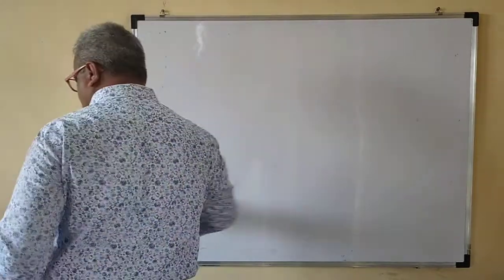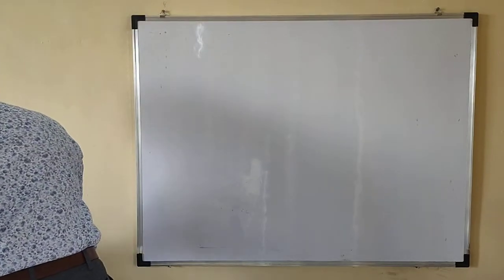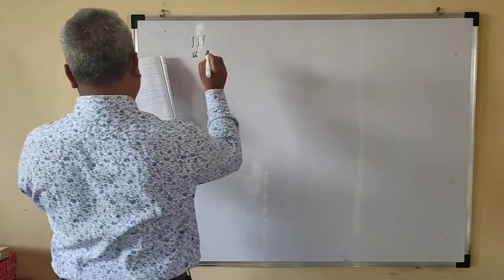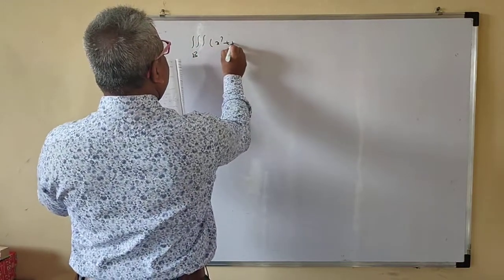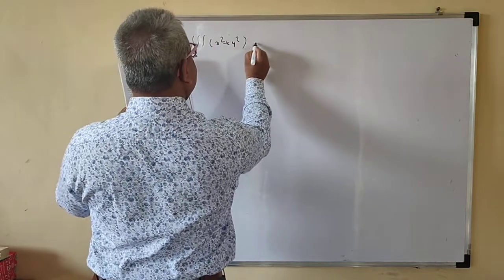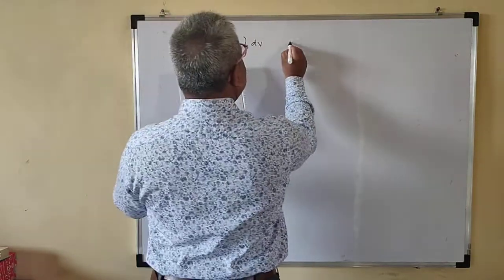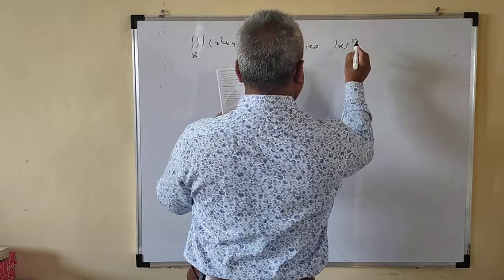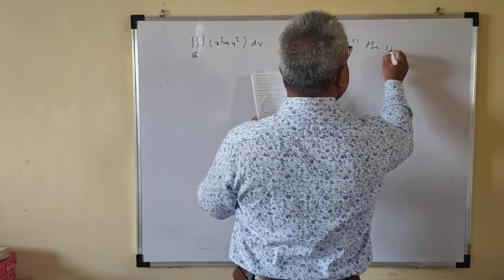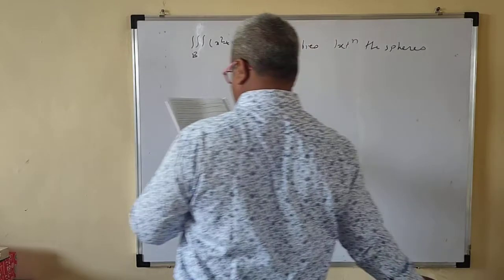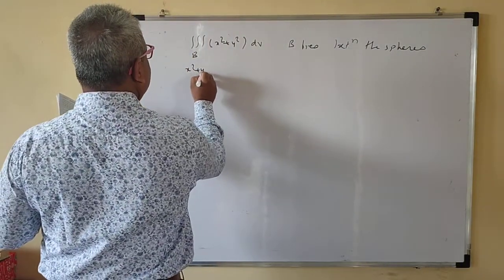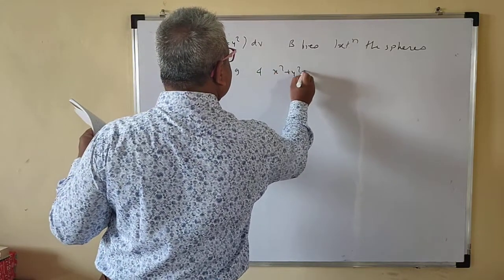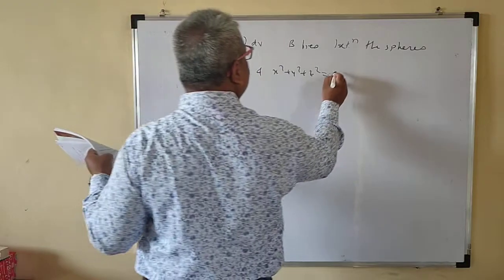Okay, so we'll take the next example. Evaluate the triple integral over B of x square plus y square dV, where B lies between the spheres x square plus y square plus z square is equal to 9 and x square plus y square plus z square is equal to 4.